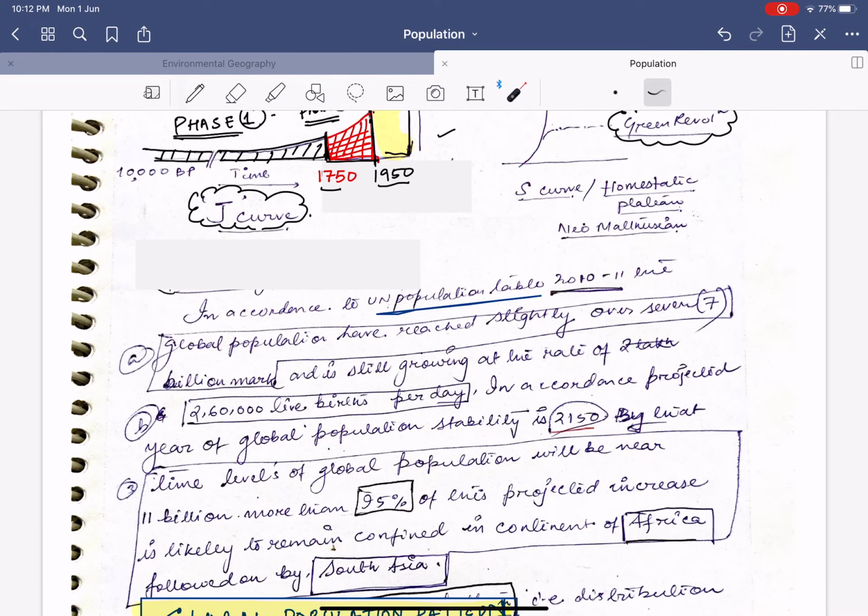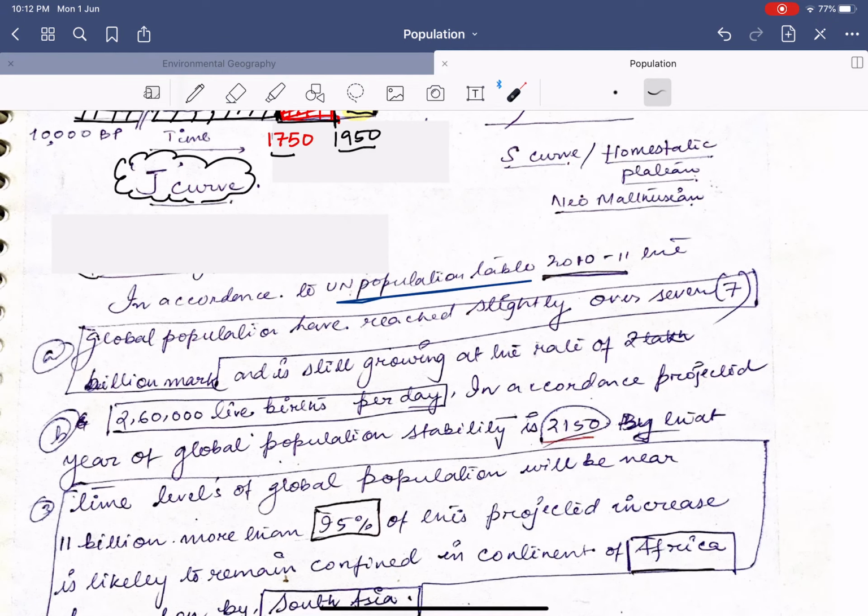Now let us look into the present context. In the present context, I have utilized the UN population table of 2010 to 2011. The UN population table says that the global population has reached slightly over the 7 billion mark, and it is still growing at a rate of 260,000 live births per day.